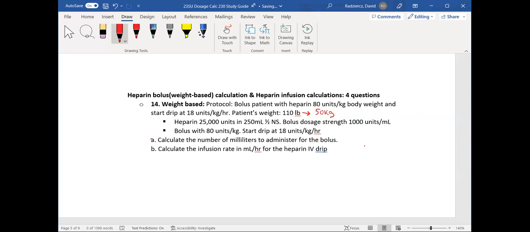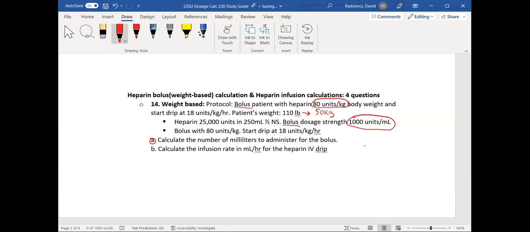So the first part of this question is calculate the number of milliliters to administer for the bolus. So I'm going to look at a couple pieces of information. It tells me the bolus for the patient is 80 units per kilogram body weight. And my bolus dosage strength, so again, bolus is 1,000 units per milliliter.